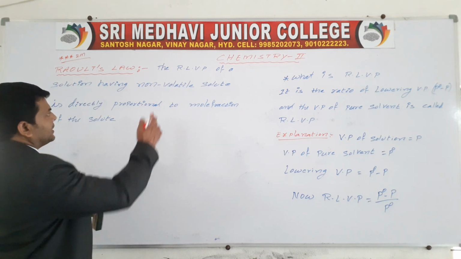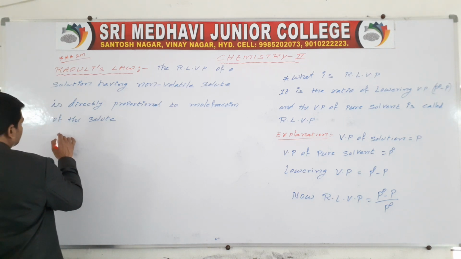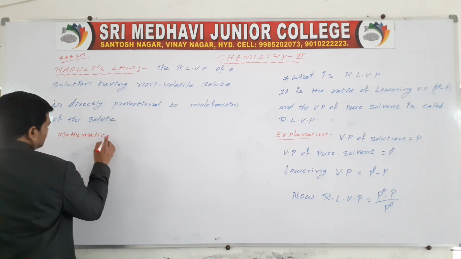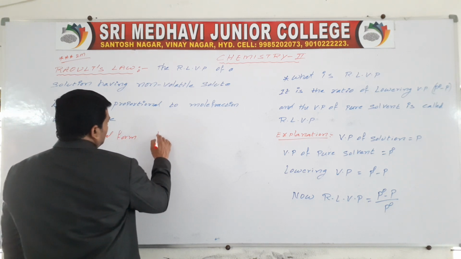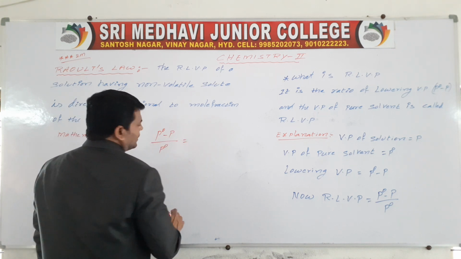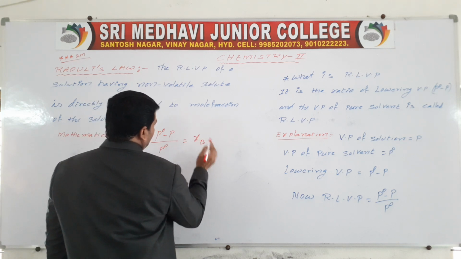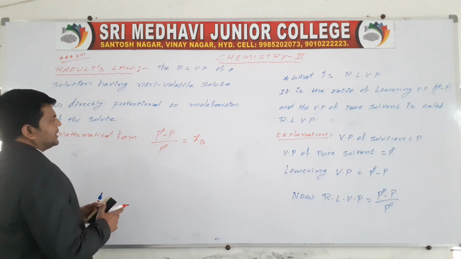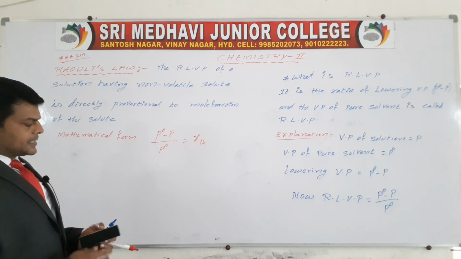Here is the mathematical form: P naught minus P by P naught is equal to the mole fraction of the solute, XB.